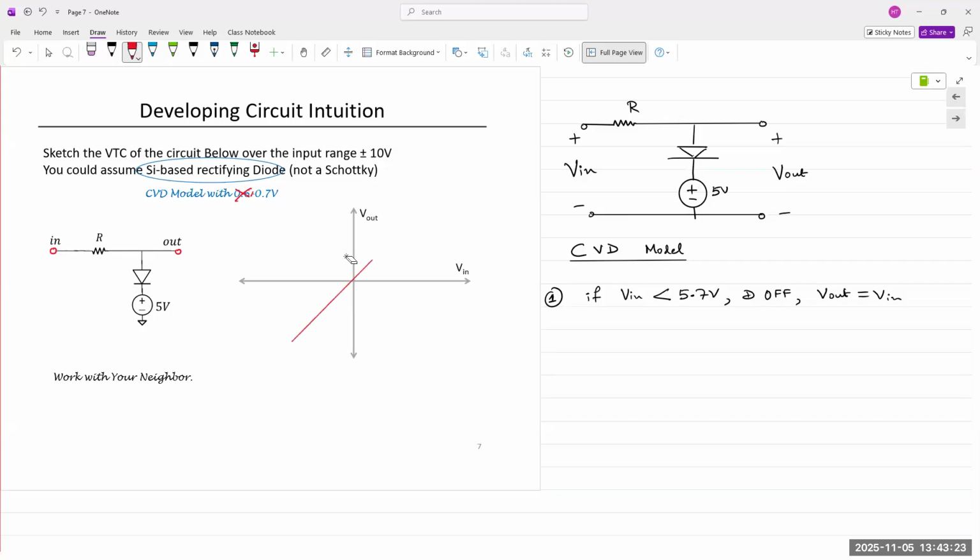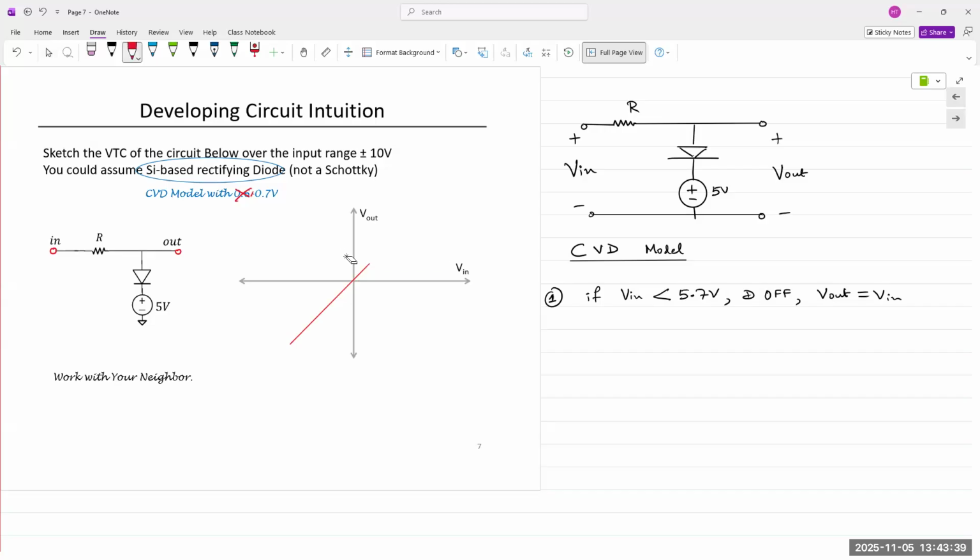Oh, I moved it a bit too much. And then, sorry, it's 5.7 volts.